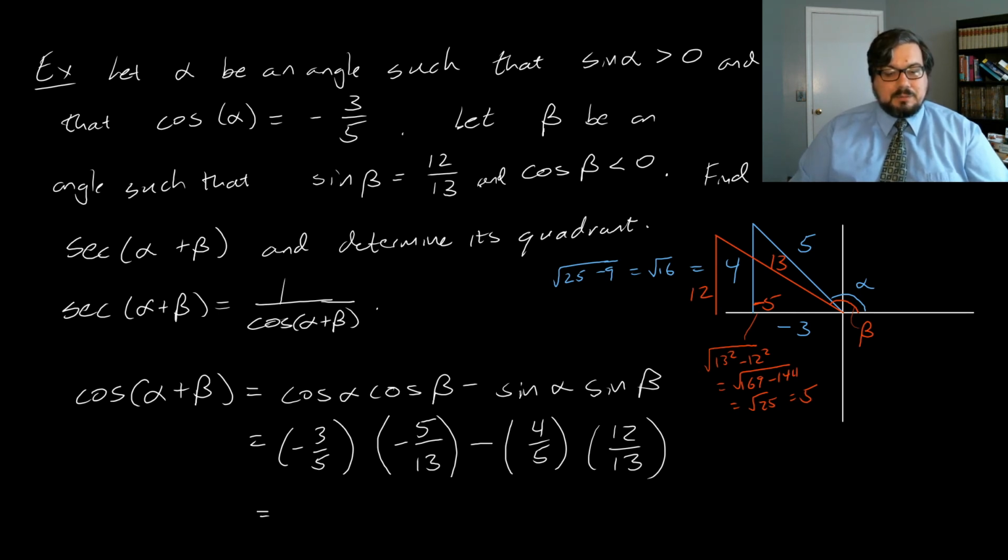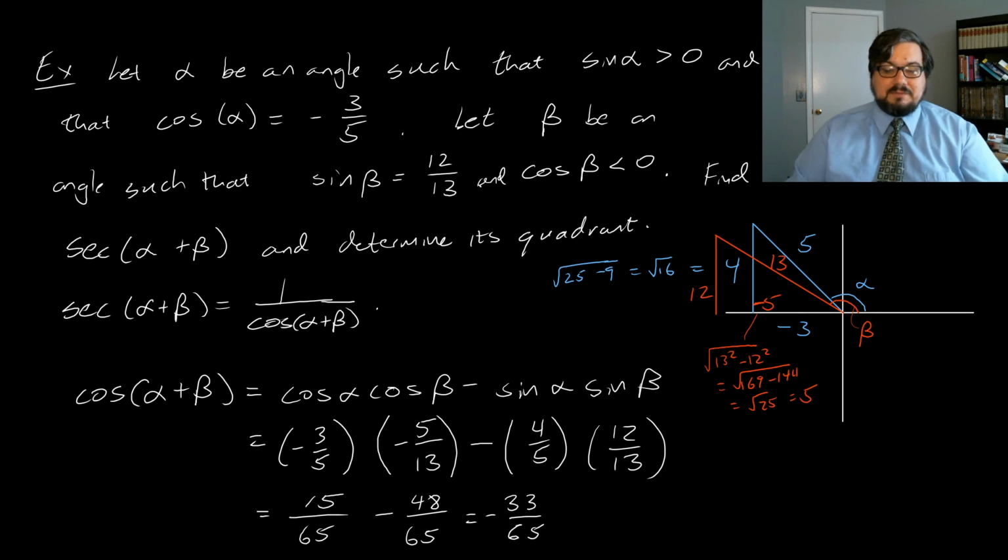So we have negative 3 times negative 5 is positive 15, and 5 times 13 is 65. 4 times 12 is 48. 5 times 13 is 65. So we wind up with 15 over 65 minus 48 over 65, which will give us negative 33 over 65.